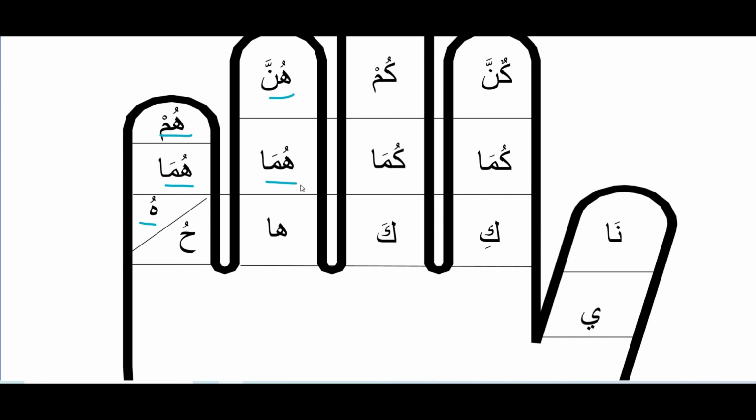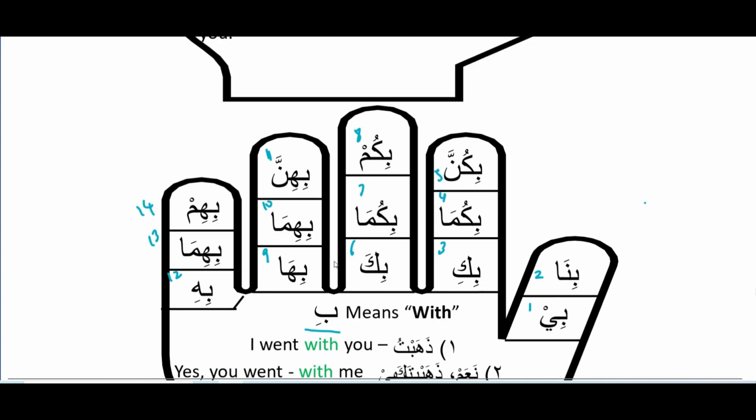The original is huma, hunna, hu, huma, hum. Then we go back to the page with the ba, page 12, sorry. Here you can see it suddenly becomes bihima. The huma becomes hima, the hunna becomes hinna, the hu becomes hi, the huma becomes hima, the hum becomes him. Notice or not?